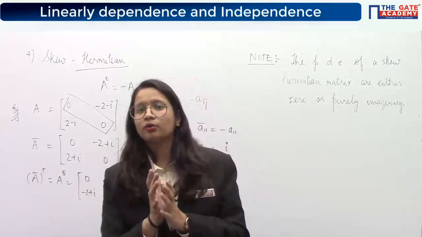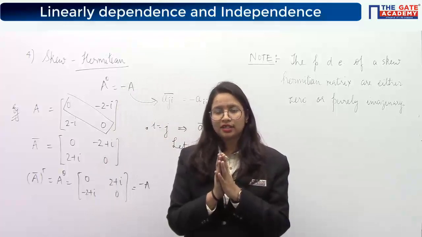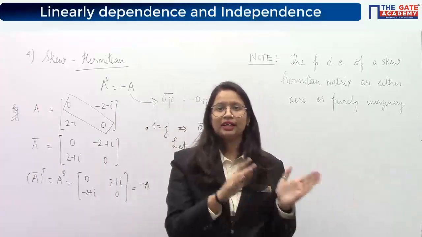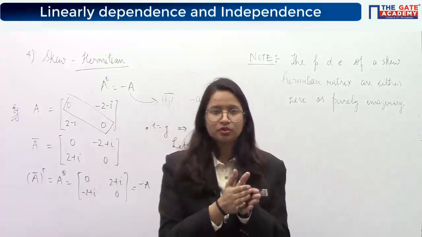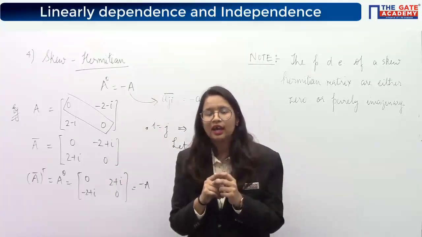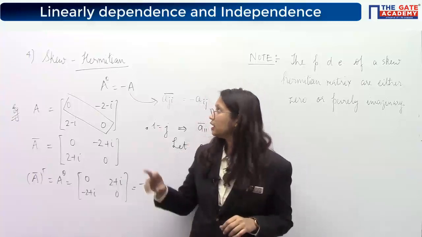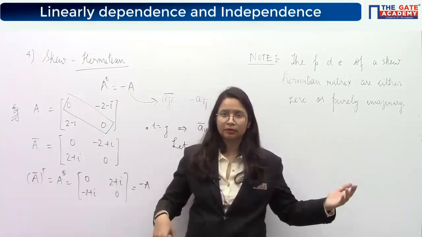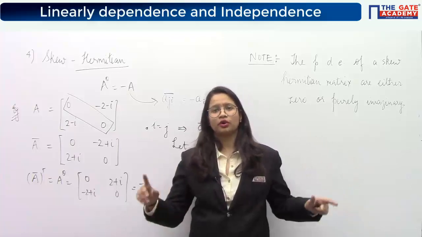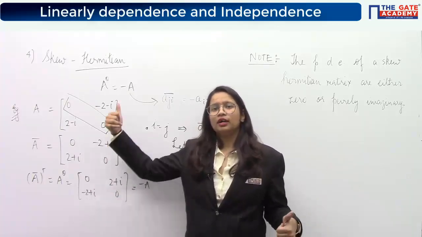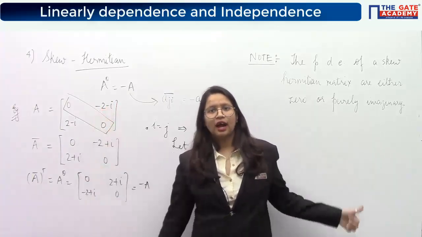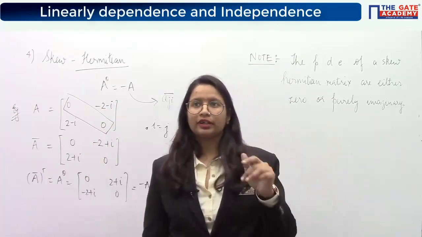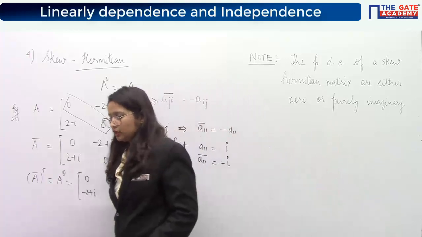Third one was the counterpart of your symmetric matrix, the Hermitian matrix, for which A theta is equal to A, means transposed conjugate is equal to the matrix A. And lastly, we have seen the skew Hermitian matrix, the counterpart of skew symmetric matrix, for which the transposed conjugate is equal to the negative of the matrix itself. And we have seen that its diagonal element will be either 0 or purely imaginary.